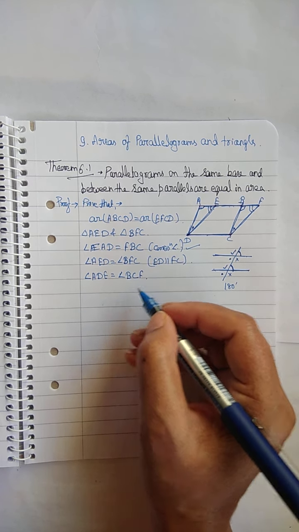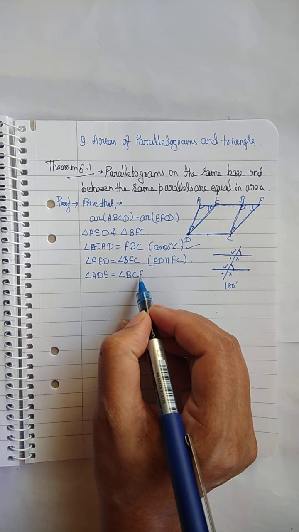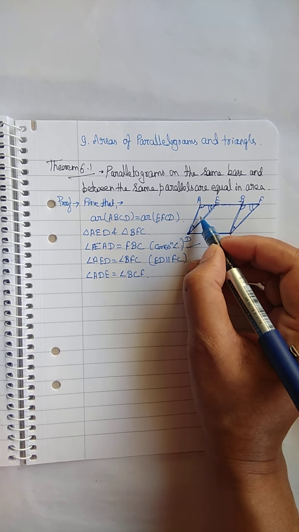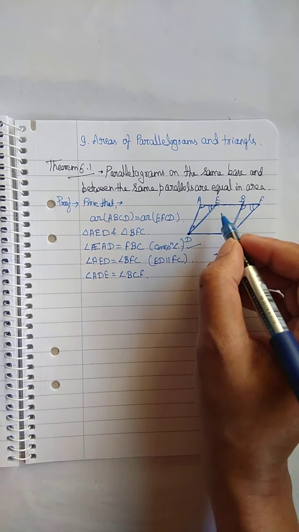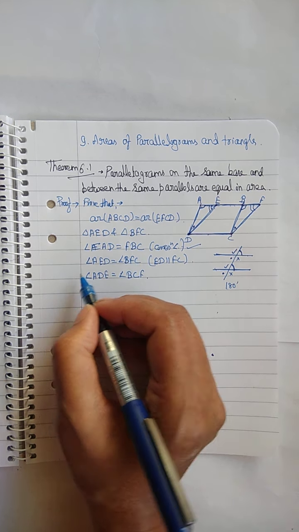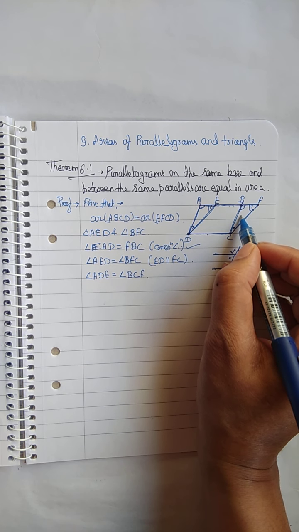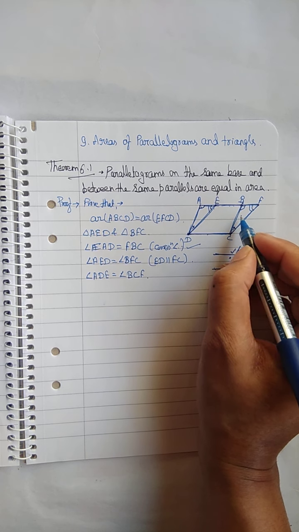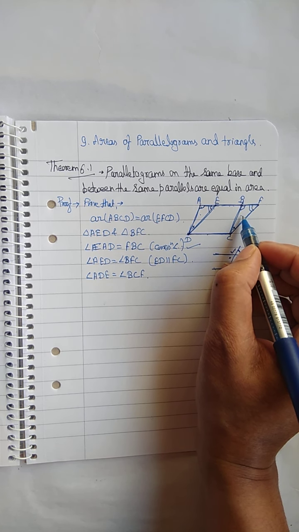Okay? Now we can see all three angles are equal. To prove similarity, these three angles should be equal. So we can say yes, these two triangles are similar. But we have to prove these two triangles are congruent.